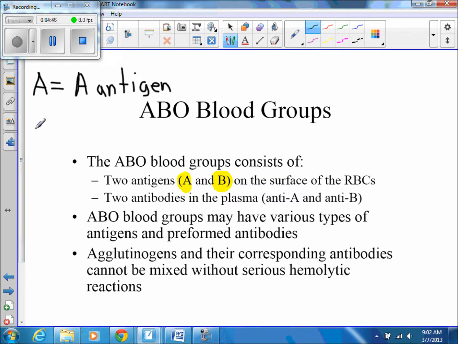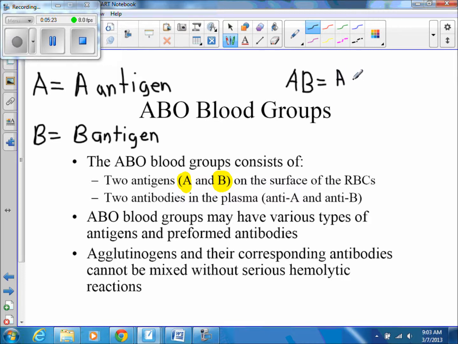If you have B blood, you have only the B antigen. So that means you have that on your red blood cell. Okay, the other types, if you have type AB blood, which is actually the rarest type, then you would have both A and B on your red blood cell.